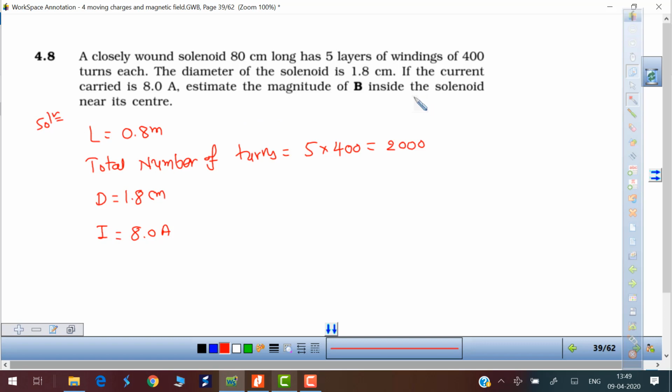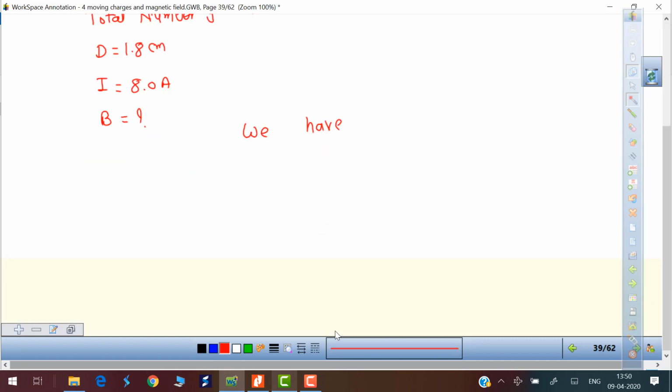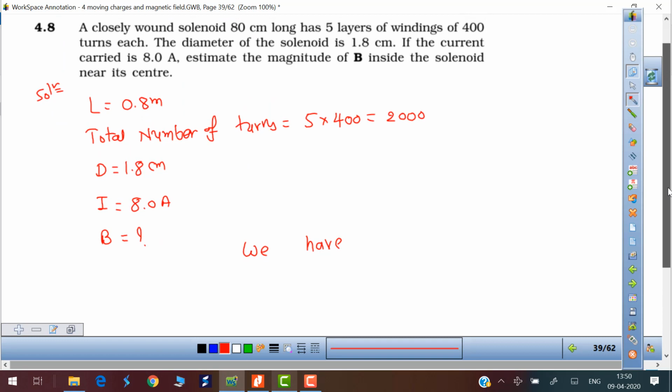Estimate the magnitude of B inside the solenoid near its center. So what is the magnetic field inside the solenoid? We have one formula. It can be considered a long solenoid because the length is around 80 centimeter and the diameter is very small.